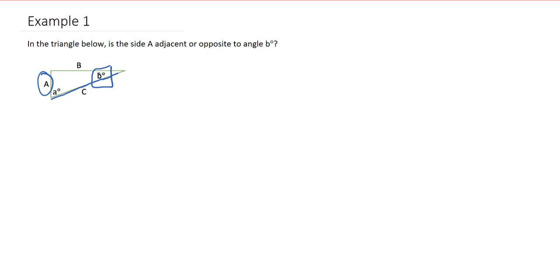If we're looking at angle B, we're looking at this side here, side A. Well, that would be opposite. It's not right next to it, because B would be adjacent. So A is considered the opposite side.